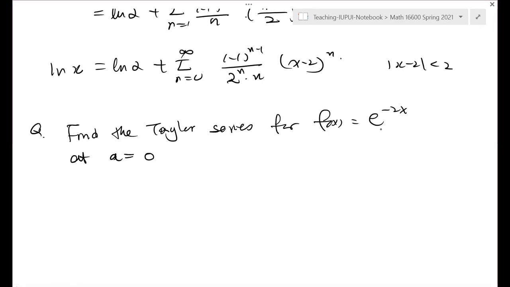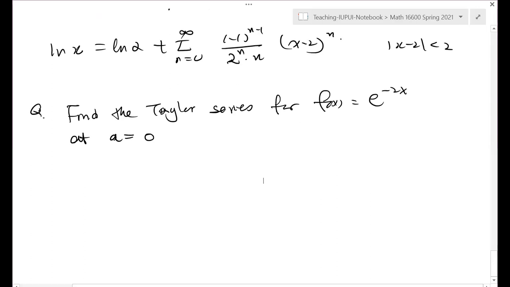You find the radius of convergence, and you have to prove it converges to the function. If you just want the power series, I think either way is good. If you just want to find the Taylor series, either use the definition or use a known result.